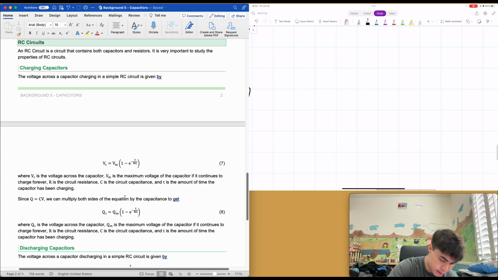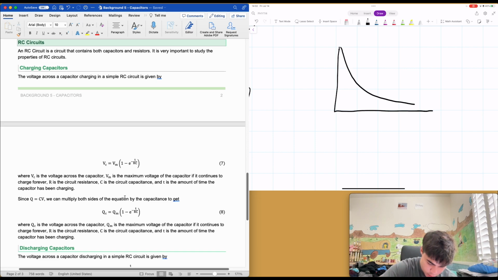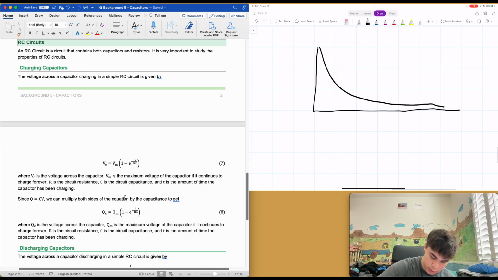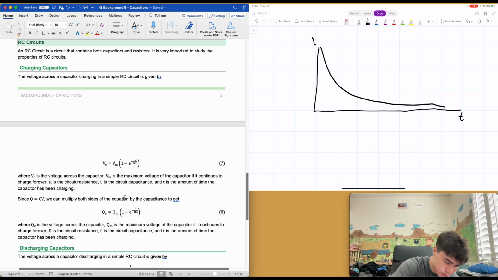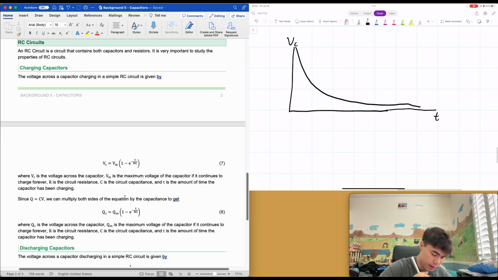So the graph for this is something like this, and it approaches 0. Here we have t, and the voltage across the capacitor, and the equation for this graph is VC equals Vm times e to the negative t over RC.